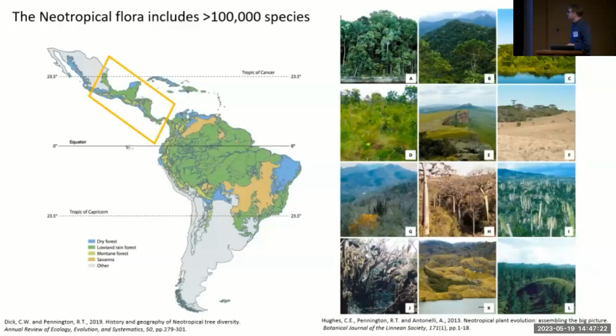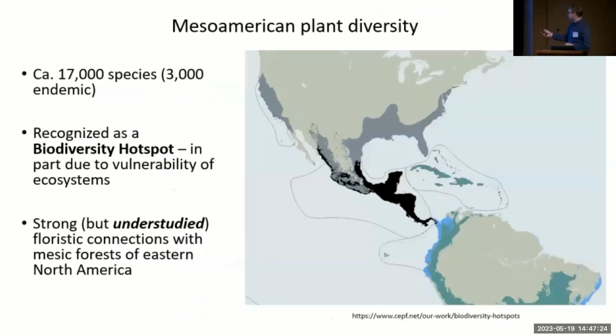Mesoamerican plant diversity, you can see Mesoamerica outlined or colored in black here. It includes part of Mexico and much of Central America. Mesoamerica includes around 17,000 plant species, 3,000 of which are endemic. And in addition to this diversity, it's also a highly imperiled region, as much of the tropical regions are.